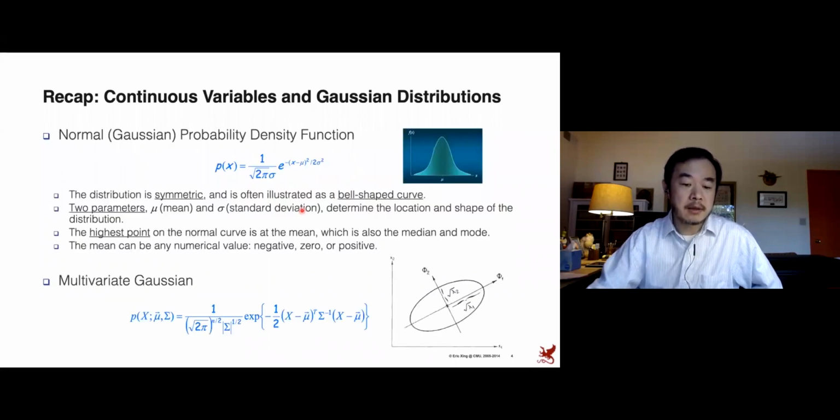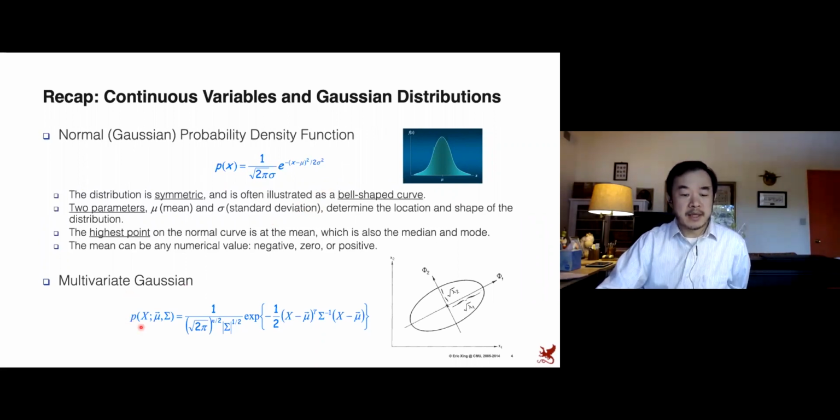And then here, if you have a multidimensional Gaussian distribution, then the probability density of an x vector, given the key parameters in the Gaussian, which are the mean and covariance, has this quadratic form raised to the exponent. And then there are also some terms here to normalize the whole distribution.